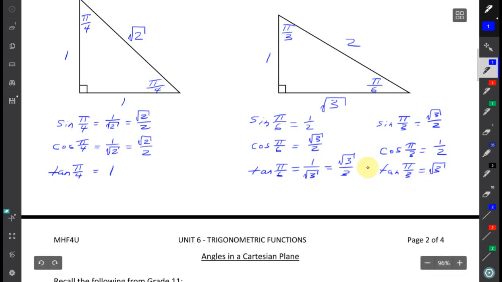And so as I mentioned, you'll notice that when we switch between these two angles, now these ratio values have switched places because the sides have switched places.